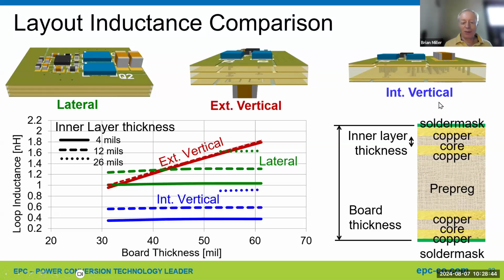The internal vertical one, where it just goes into the first inner layer, is first of all lower. As the board gets thinner, the difference between the top layer and the first inner layer, you can reduce from the dashed line to the solid line if you're able to do that.